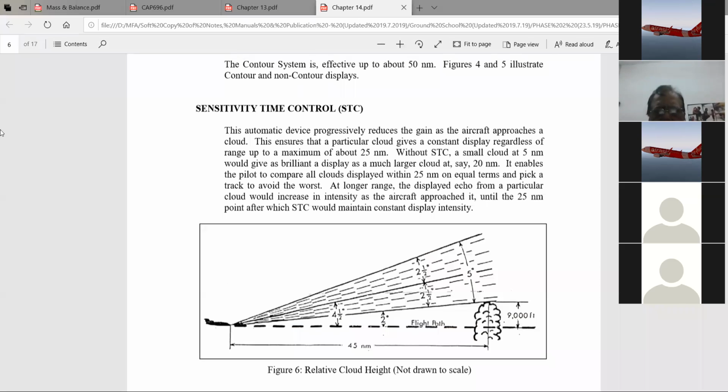What would be the tilt reading in this particular situation?